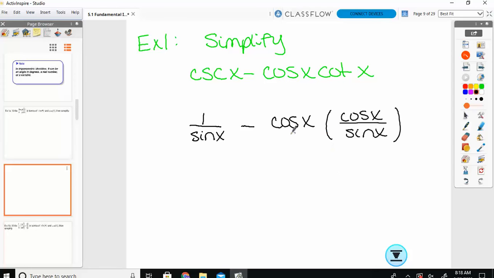Now I'm just going to try to simplify this. 1 over sine x, there's really nothing I can do. This cosine x is just cosine x over 1. When you multiply these fractions, you multiply the tops, so cosine times cosine is cosine squared. Multiply the bottoms, 1 times sine is sine.